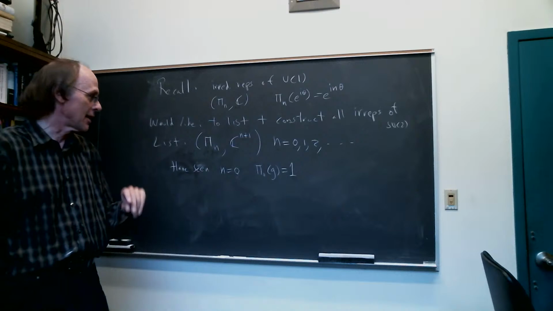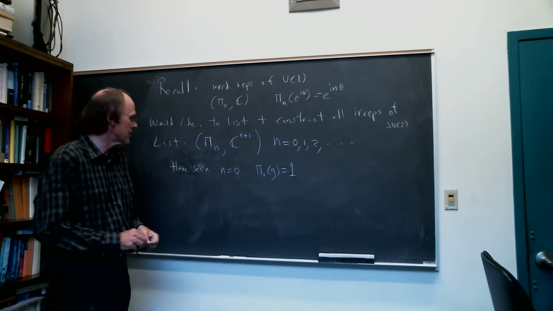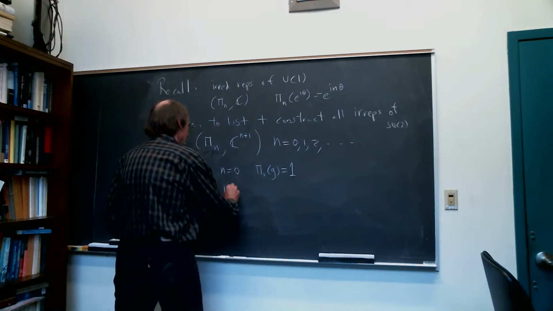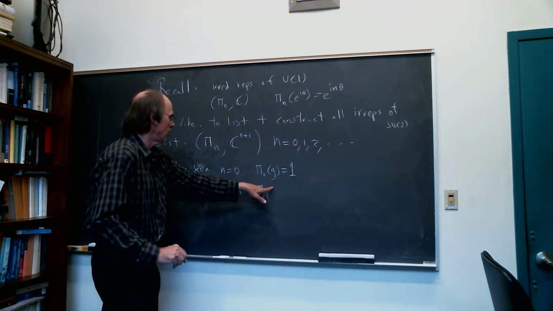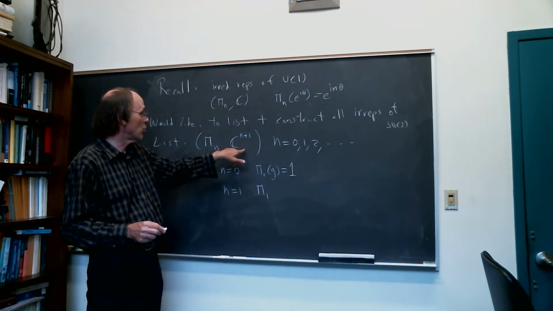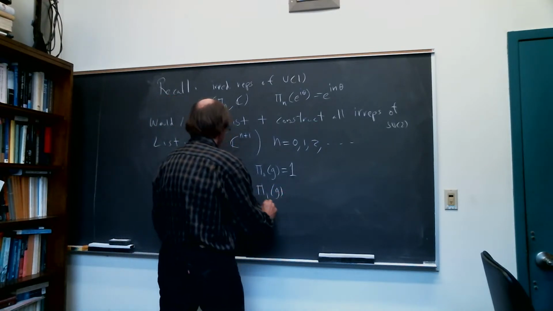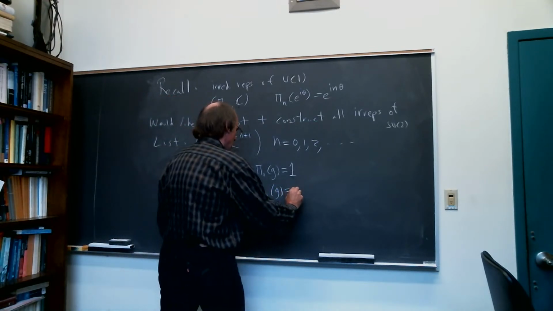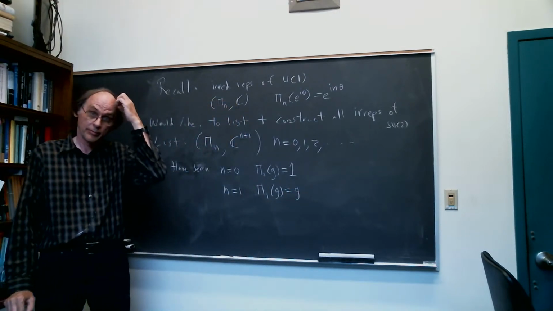That's really boring, but you always have that representation. Then we've seen n equal to 1. We saw an irreducible representation on C2. That's pi 1 of g is equal to g. That was just the defining representation.